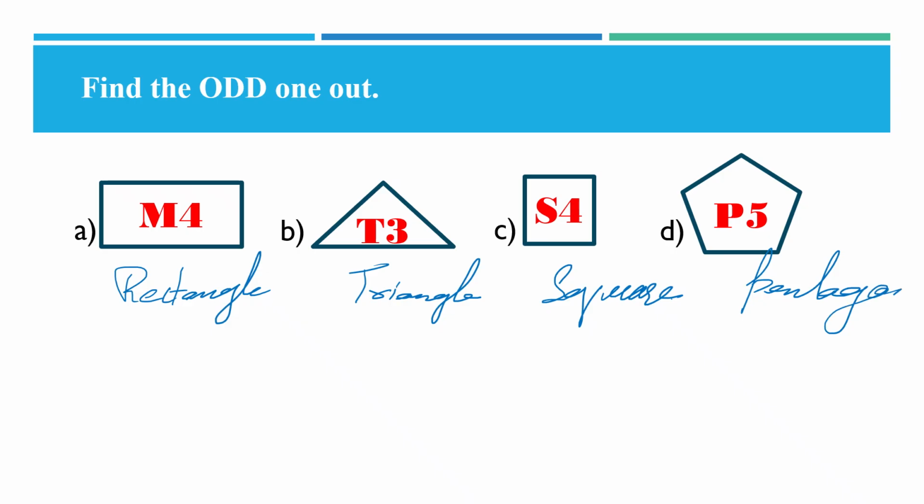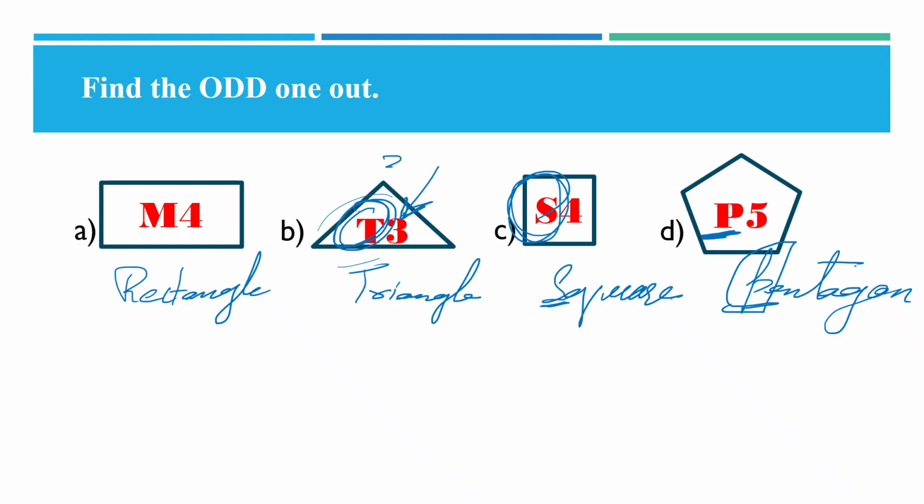Oh, I found the solution for this. I believe this is a triangle, so we have a T, and this is a square, we have the first letter S, and here this is a pentagon where we have P, the initial letter of pentagon. Wait a minute, what does this 3 mean?